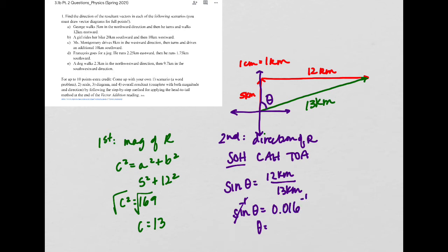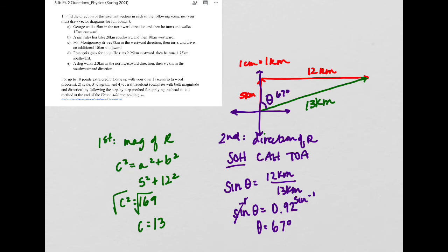Kept getting an answer that didn't make sense. 12 divided by 13 is not 0.016. It doesn't make any sense. 12 divided by 13 is 0.92. Now we'll take the inverse sine of that, and we will get the right answer, which is 67 degrees. So theta here is 67 degrees.